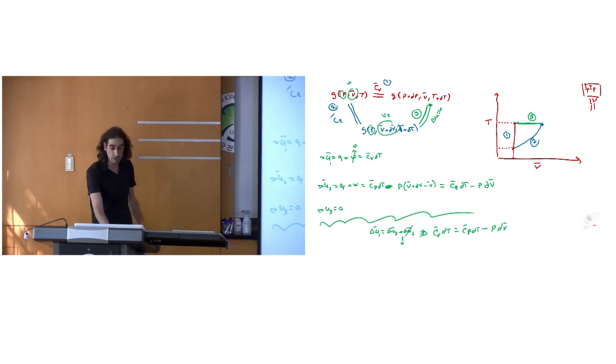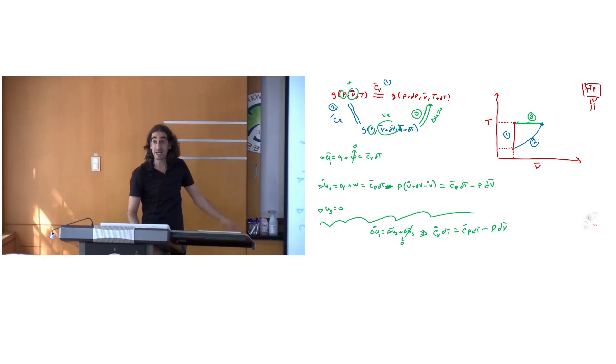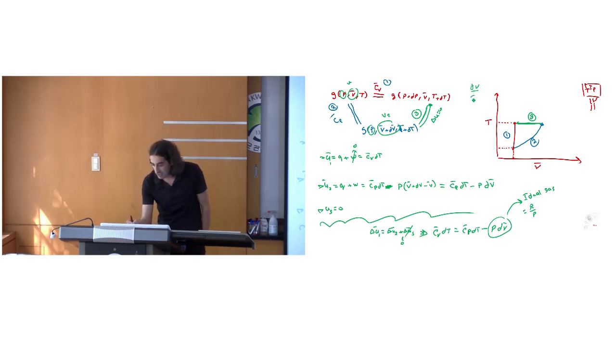Okay, good. Now we are close. This is an ideal gas. For an ideal gas, if we take dV over dT, it is equal to R over P, because P is constant in this case. We don't need to differentiate P, just temperature and volume.